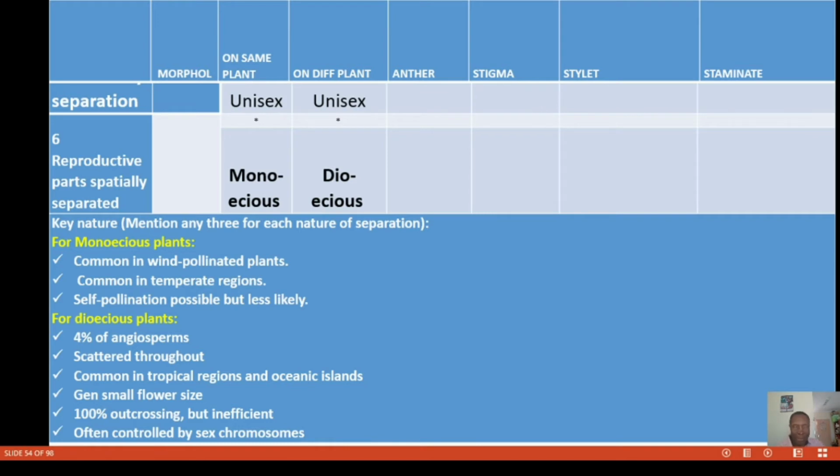Some may drop in water. Some may be scorched under a hot sun, and so on and so forth. So in the pollination process of dioecious plants, we lose a lot of pollen, and therefore there is a lot of inefficiency in the pollination.